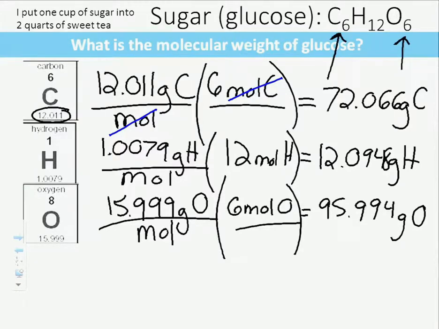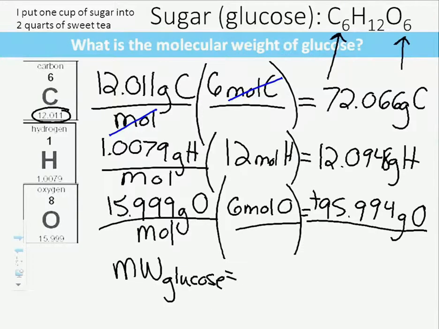So now we need to add up all our individual components because we have 6 moles of carbon plus 12 moles of hydrogen plus 6 moles of oxygen to give us the total molecular weight of glucose. So our molecular weight of glucose is equal to the sum of all of these individual components.